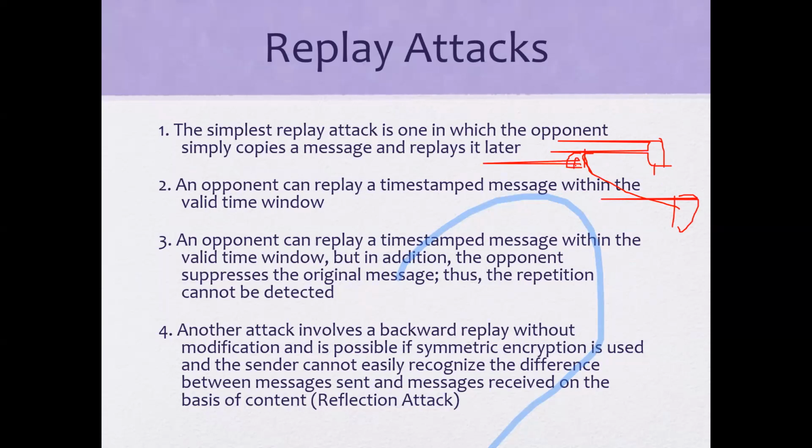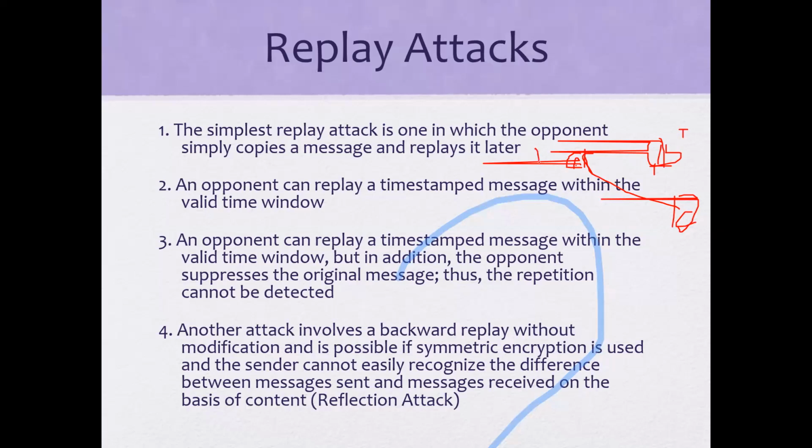Suppose there are three persons A, B, and C. A and B are going to communicate with each other, but C is going to generate the replies like B. So that is the major challenging task. For that sake, we are giving some timestamps to the end users.